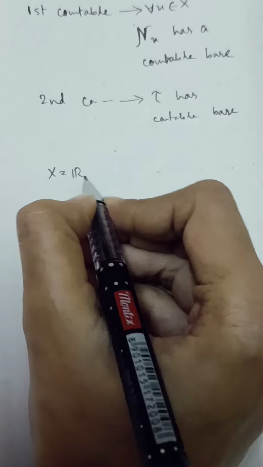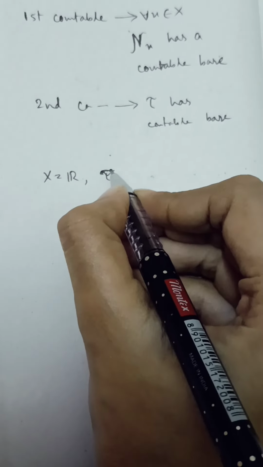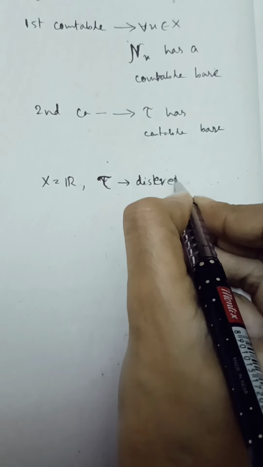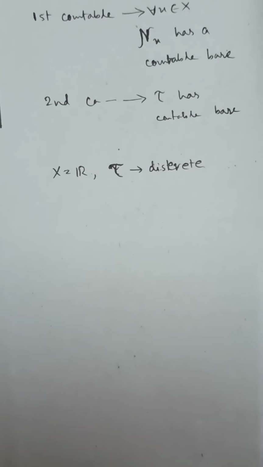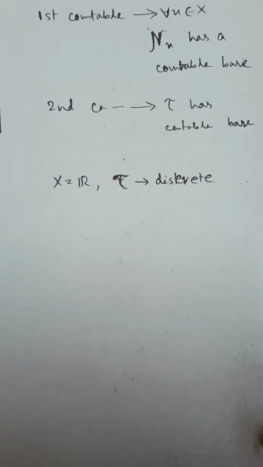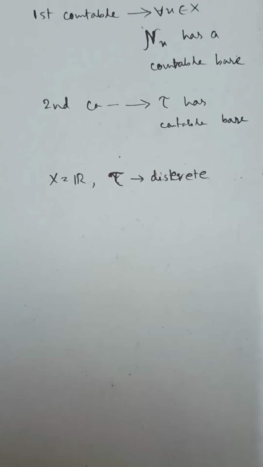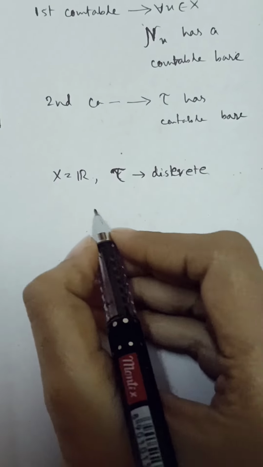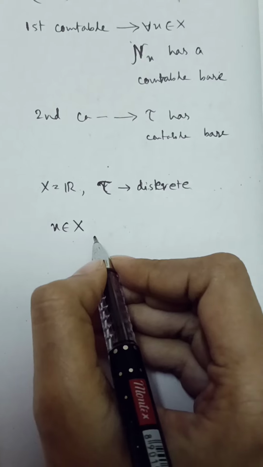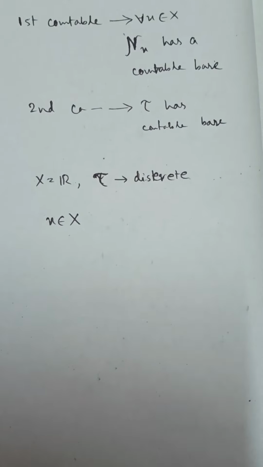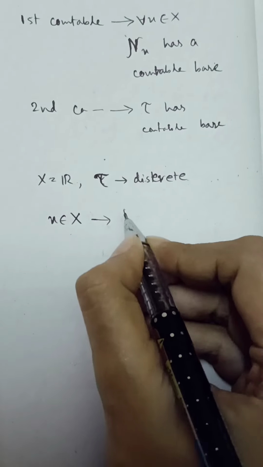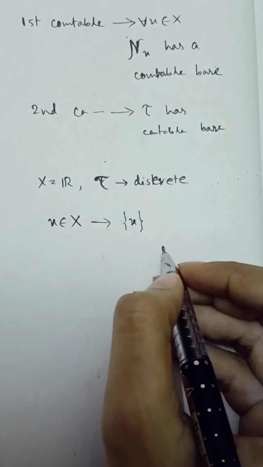Let X be the real number set and tau be the discrete topology. I have already discussed the discrete topology, which is the power set of X. Now if we take the neighborhood base for any point, say x belonging to X, the base of the neighborhood system for x will be the singleton {x}.